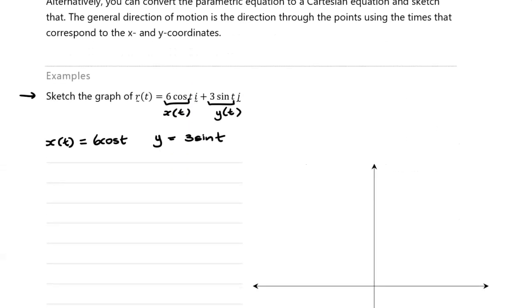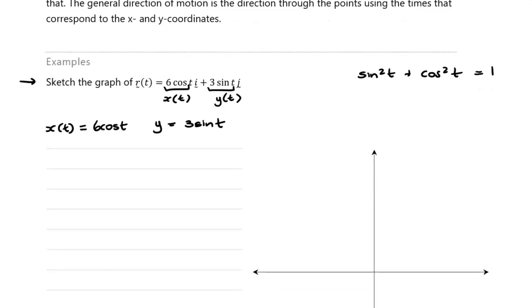So what we're going to eventually be using is this identity, sin squared t plus cos squared t equals 1. That's the technique we use to go from these parametric equations to the Cartesian form, because we're trying to eliminate that t. So let's write x as 6 cos t. So cos t will be x on 6.